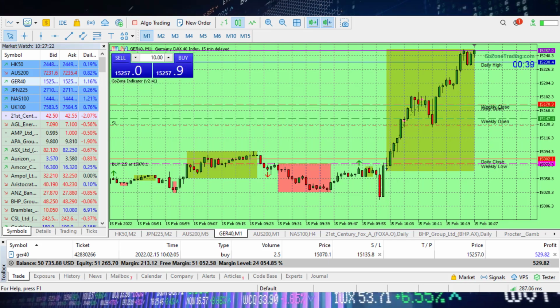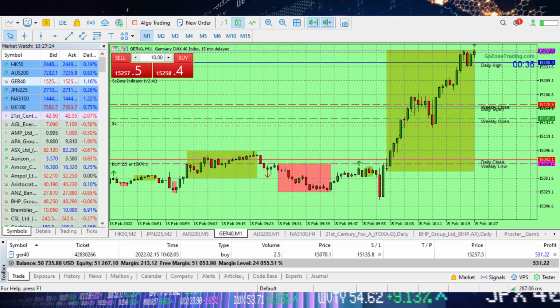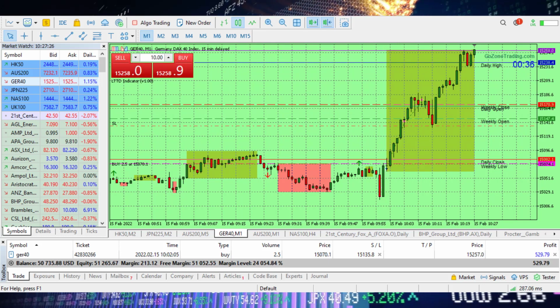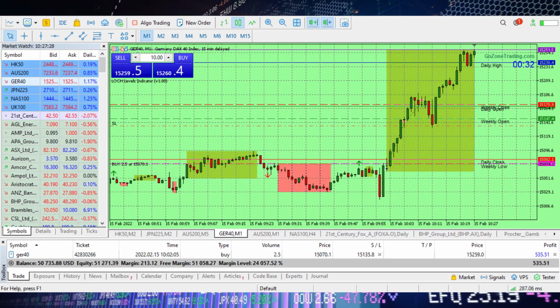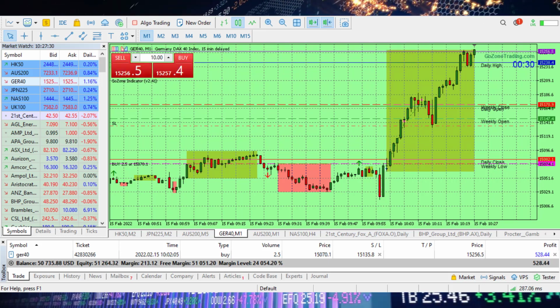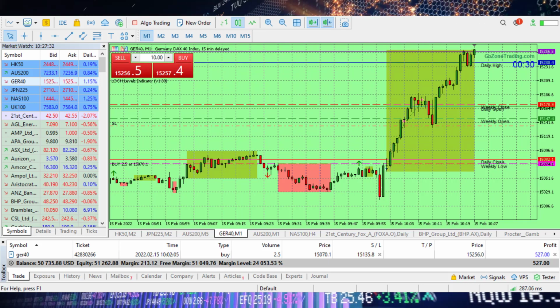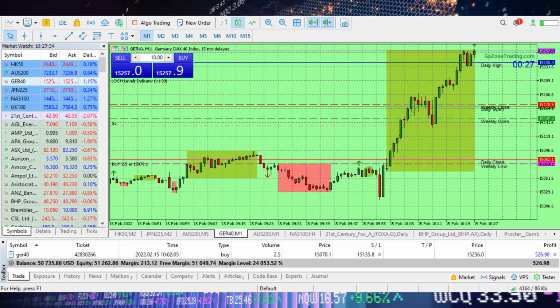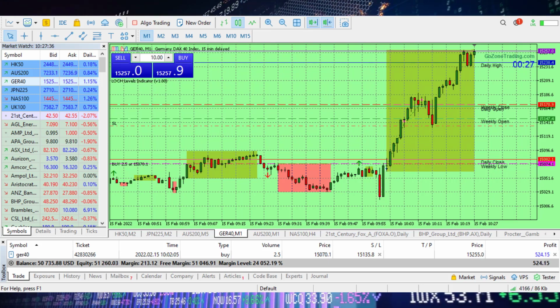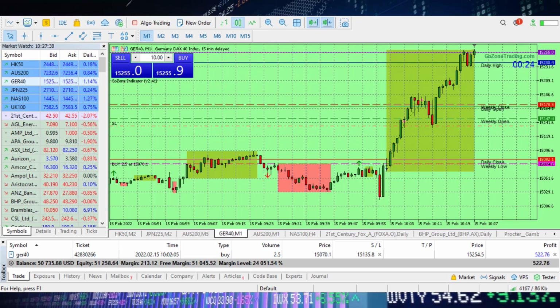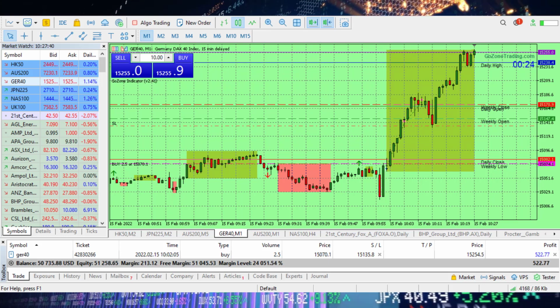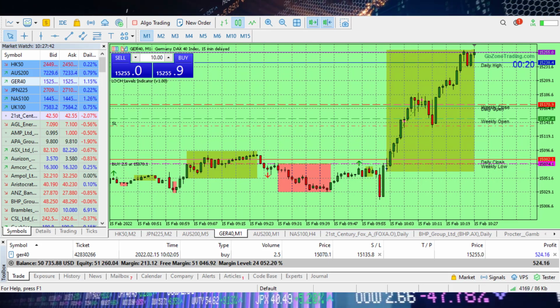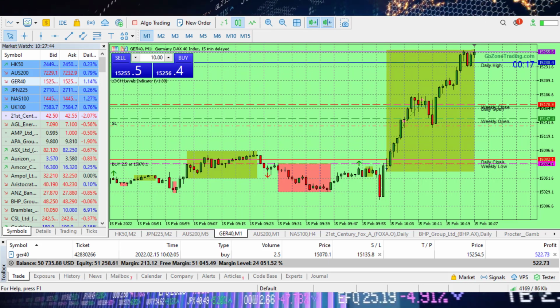This looks like it's going sideways. Market's already gone up over 230 points from the open. Triple top.